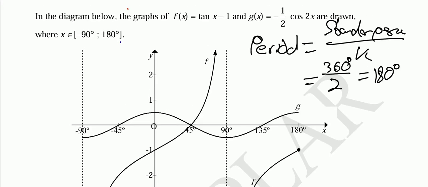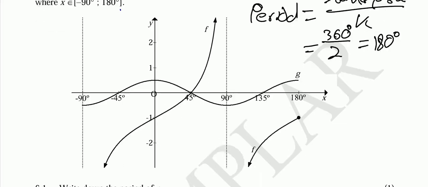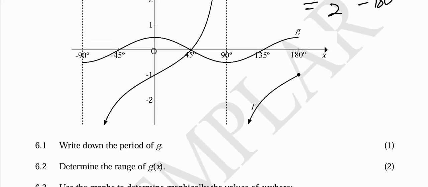Because g of x is negative 1 over 2 cos 2x, our standard period is 360 over 2, which is 180 degrees, which is the new period. So you can just write 180 degrees.